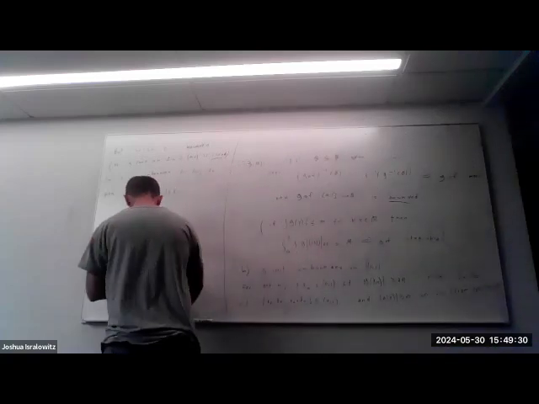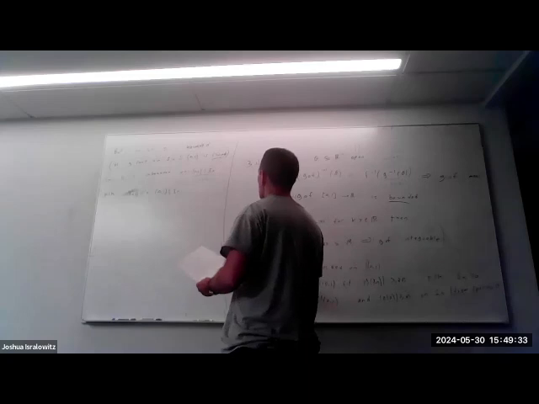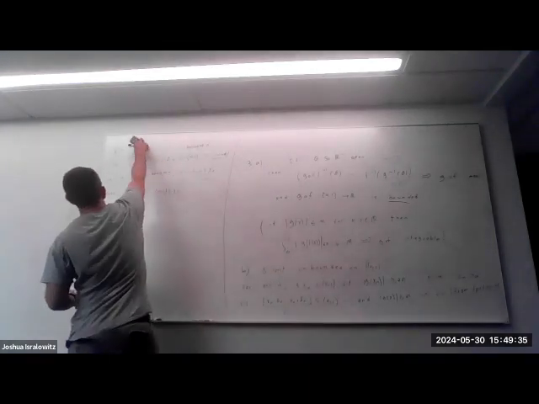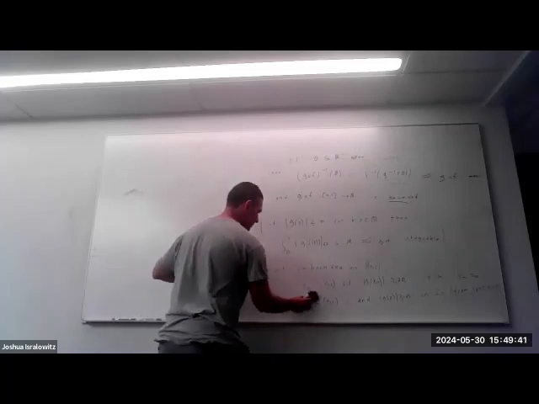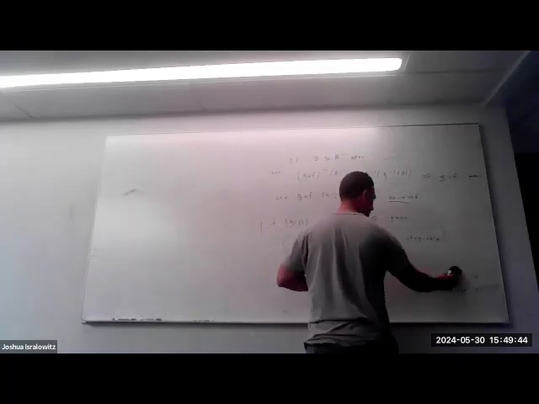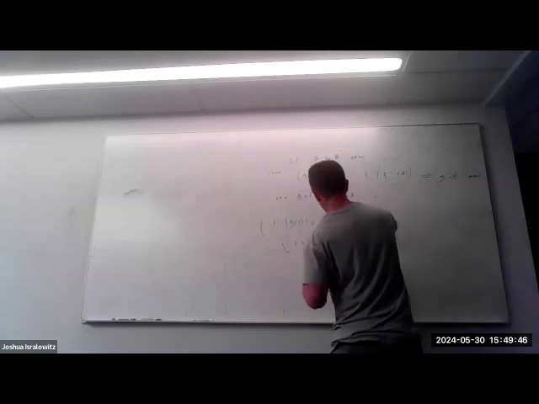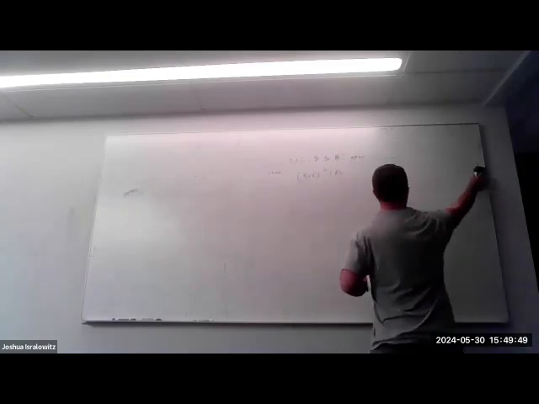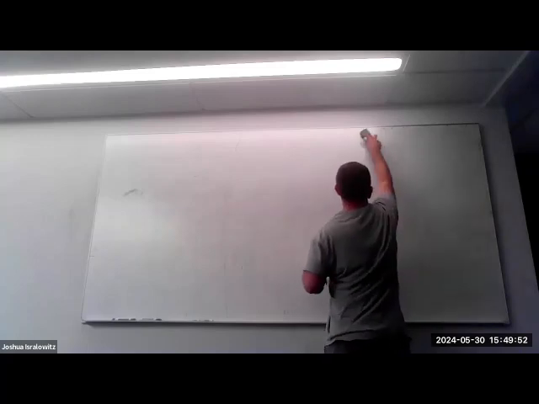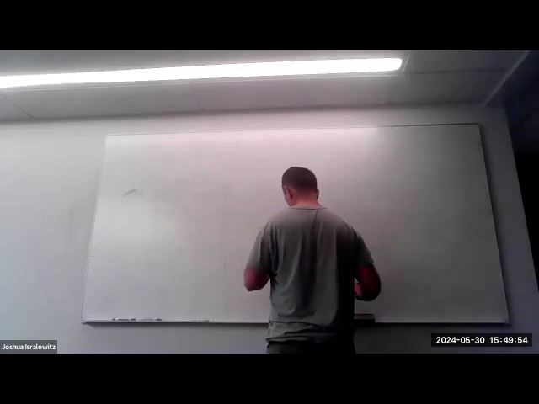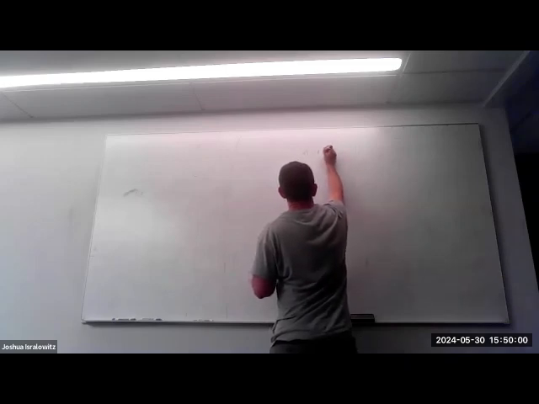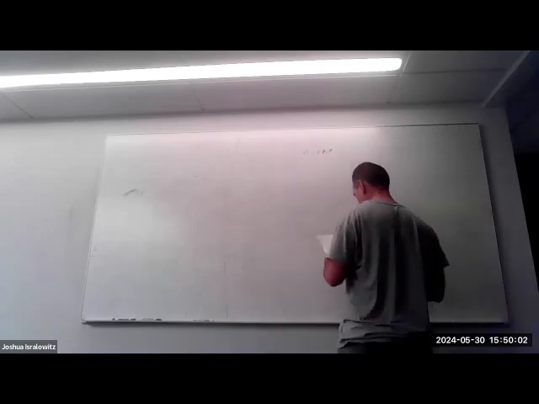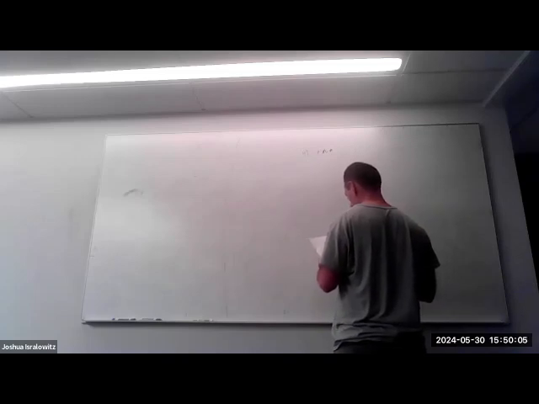Let me do 4, that's true. And 4 is the quotient of two absolutely continuous functions where the bottom is never 0.